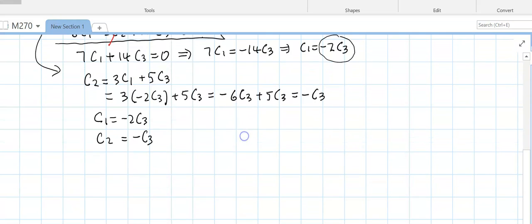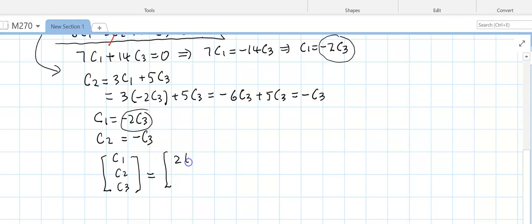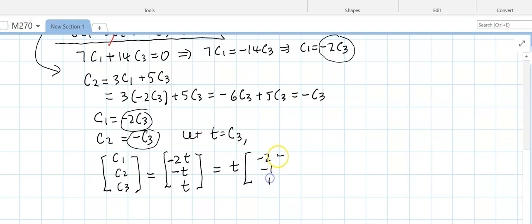So if I write it in vector notation, C1, C2, C3 is negative 2t, negative t, t, where I let t equal C3.